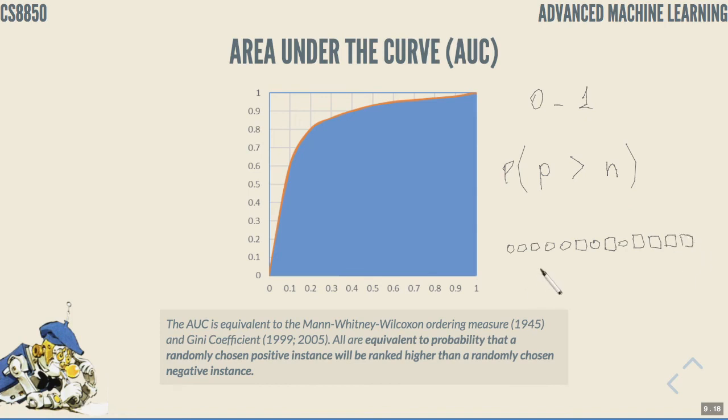So what we want is positives and negatives grouped towards their respective ends, and some intermingled values only in the middle. So that's our ROC curve and area under the curve for today.